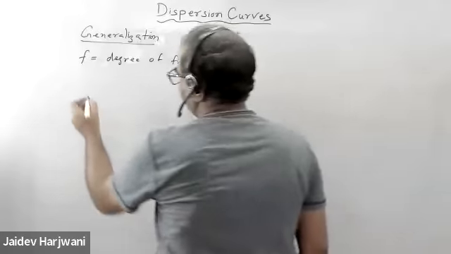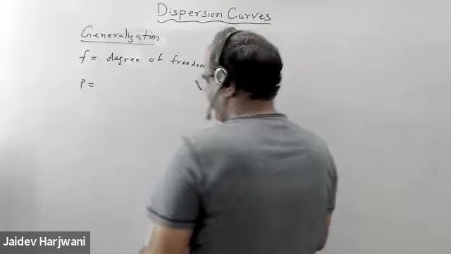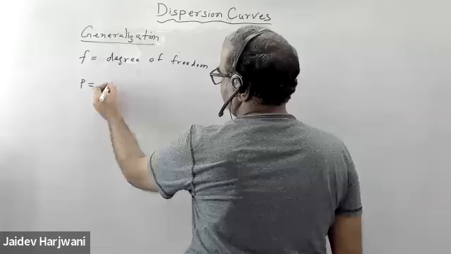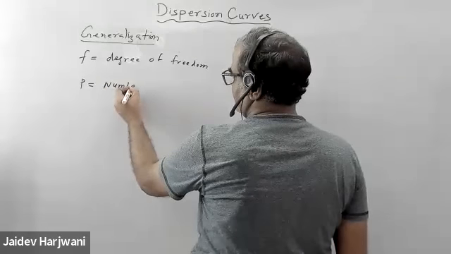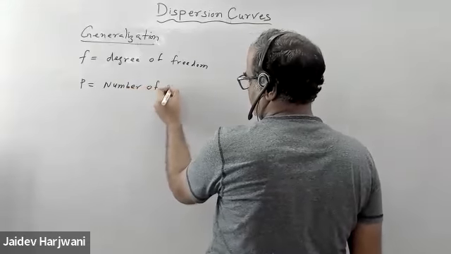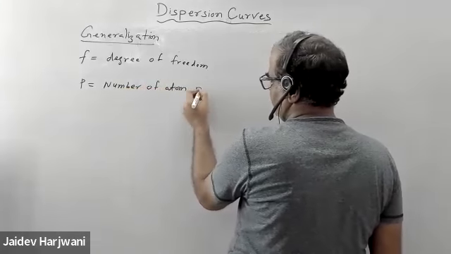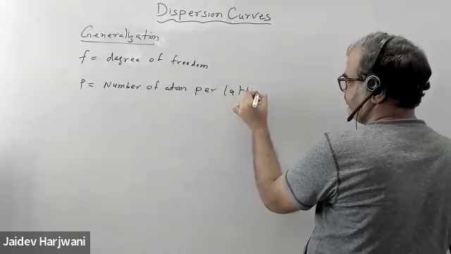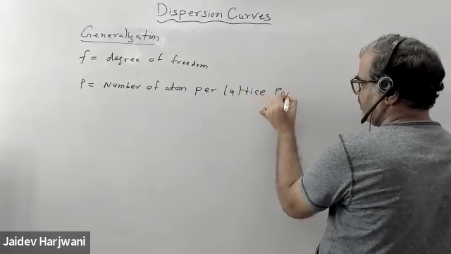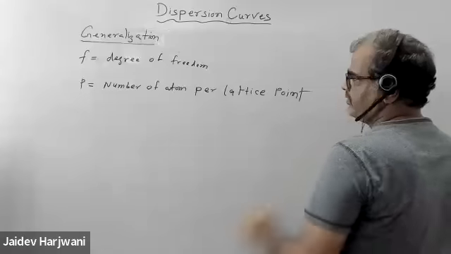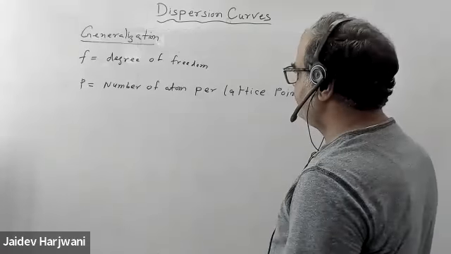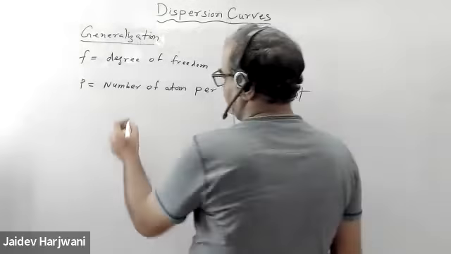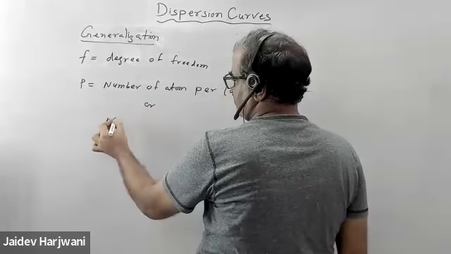And then you have p, the number of atoms per lattice point, or the number of atoms in the unit cell, the primitive unit cell.